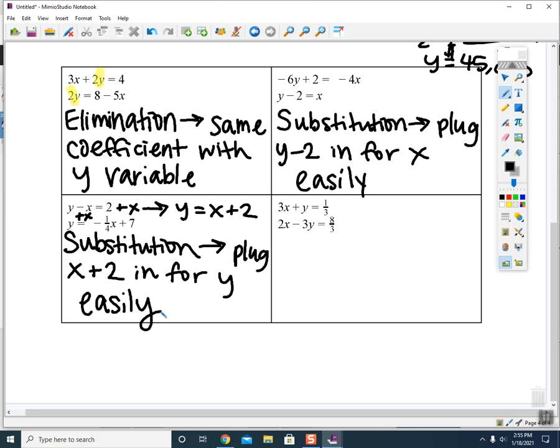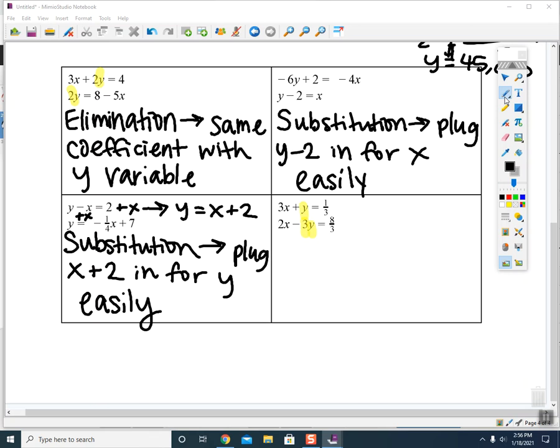Now this last one, 3x plus y equals 1/3, 2x minus 3y equals 8/3. Here's what I'm noticing here. I have a y and I have a 3y, a negative 3y technically. And so I could solve for y pretty easily with the first equation. I could.